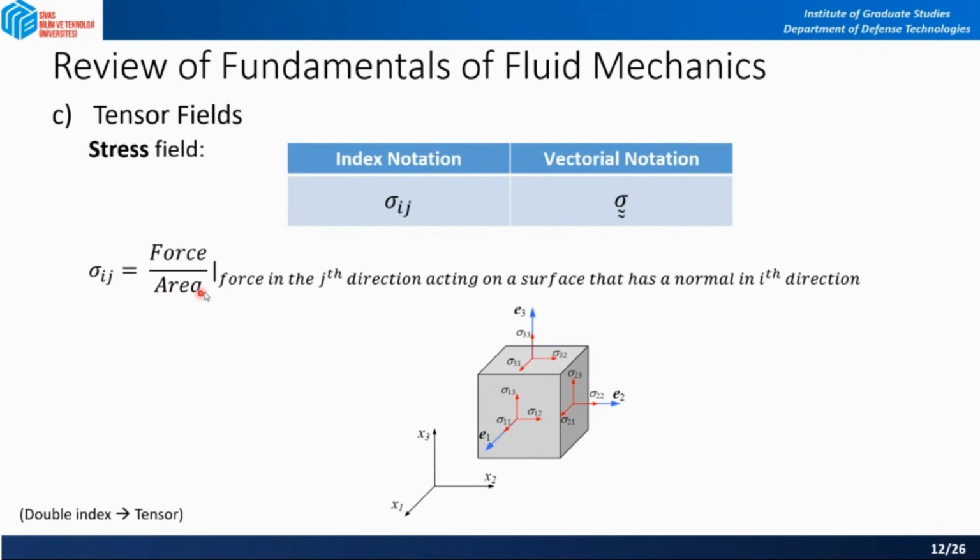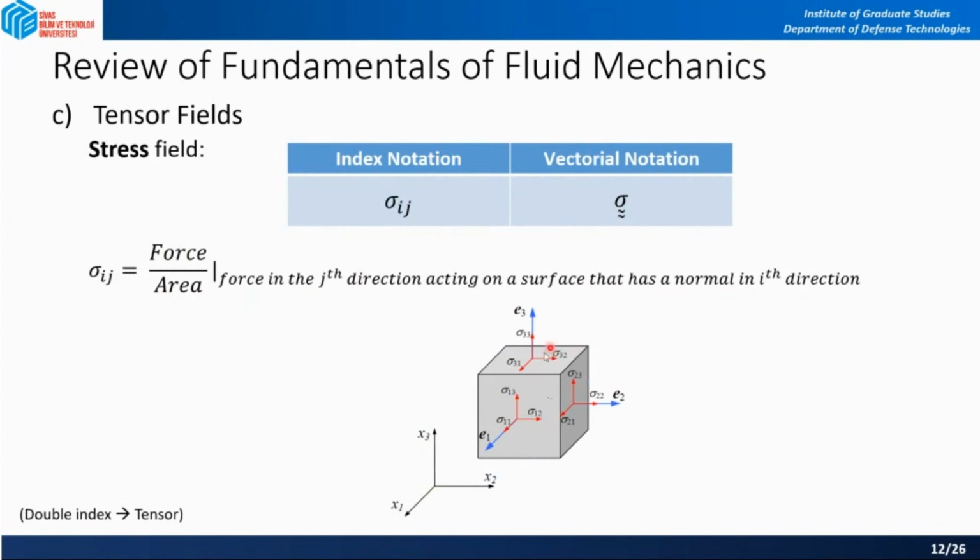But this i and j show that this force that is exerted on this area is in the jth direction, and actually it acts on a surface that has a normal in the ith direction.